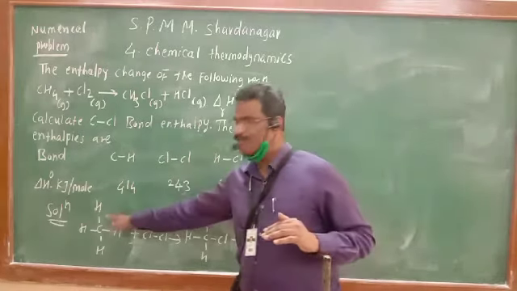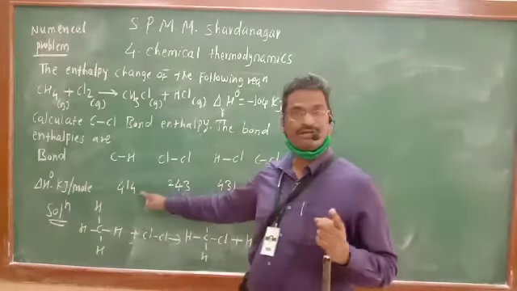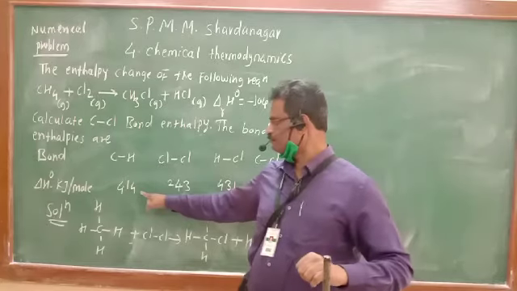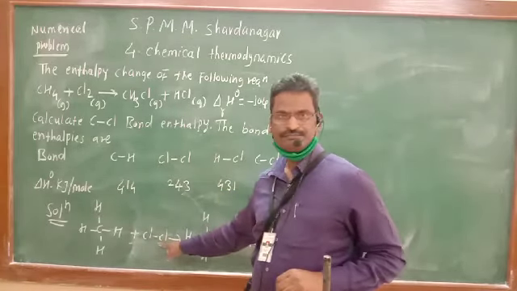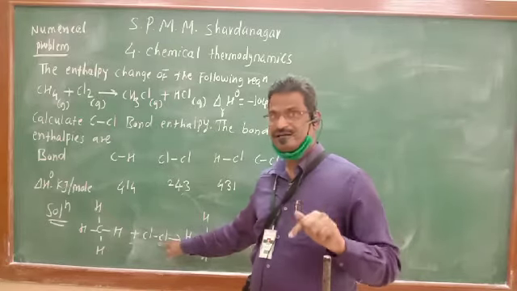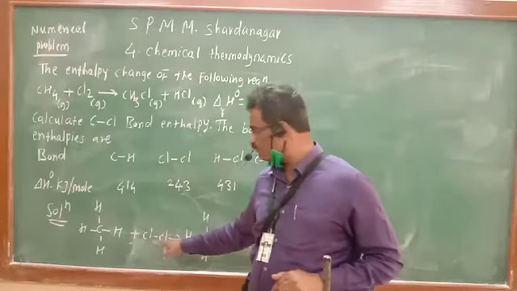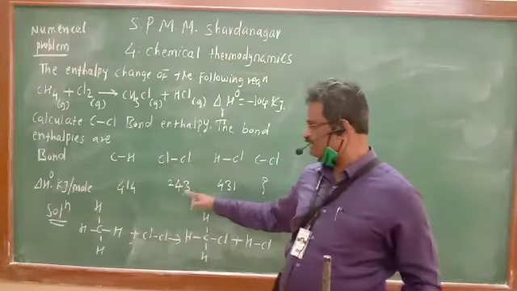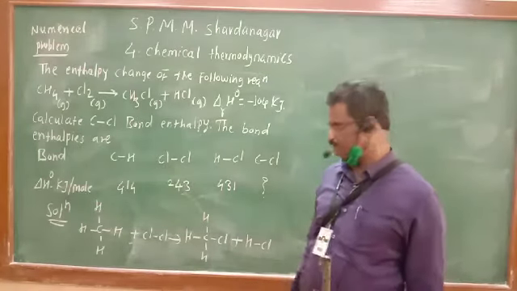And we have to break 4 bonds. So how much energy is absorbed? 414 into 4. Then ClCl, Cl2 is reactant, and the bonds in reactants are broken. So this bond is also broken. In order to break this ClCl bond, the energy absorbed is 243 kilojoule per mole.